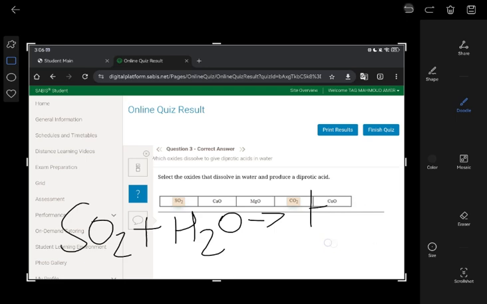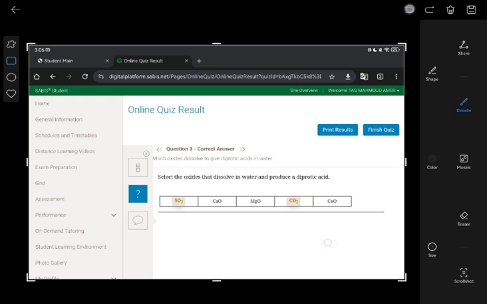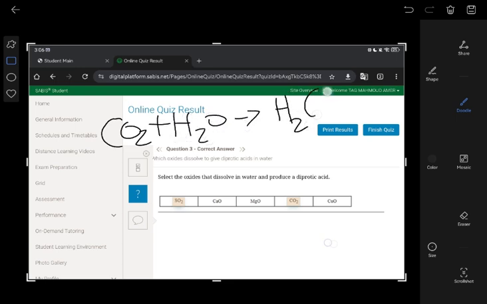See, they combine like that. All of these, also, by the way, all of these are basic, like by nature, remember metal oxides are basic. But these two gases by nature are also acidic. If you put a litmus paper, it's gonna turn them red. So CO2 plus H2O is gonna give you H2CO3, carbonic acid.